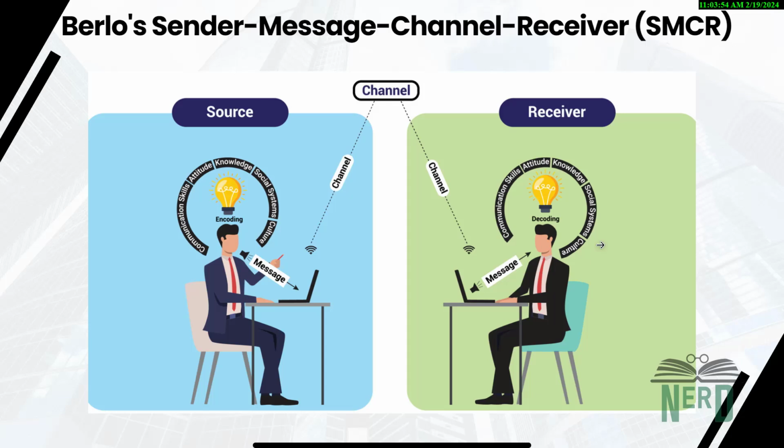Then it goes to the receiver. And again, it is very important that it should match the skills, attitude, knowledge, social system and culture. That's how he will interpret the message, and that's the whole process of it. And then according to that, he'll give the feedback, like what he wants. He wants a pizza or he doesn't want, right? So that was all about SMCR.